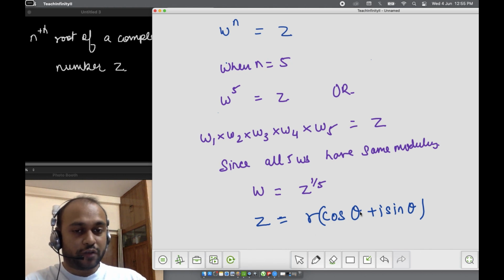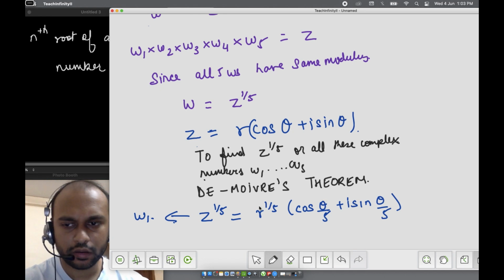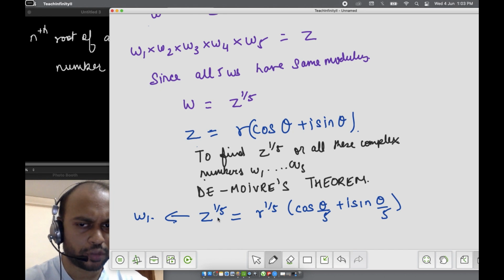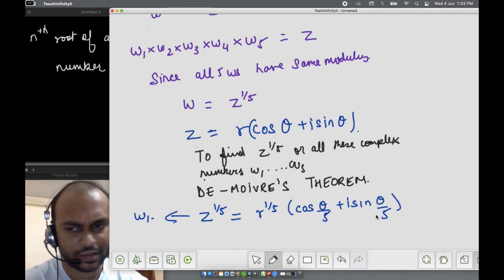Coming back to the polar equation that we had, z was equal to r (cos theta plus i sin theta). Now let's apply De Moivre's theorem to find at least the first root. When you do z to the power 1 by 5, you get r to the power 1 by 5 times (cos theta by 5 plus i sin theta by 5).